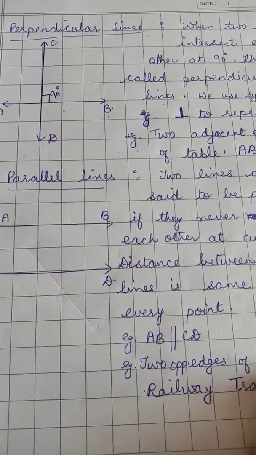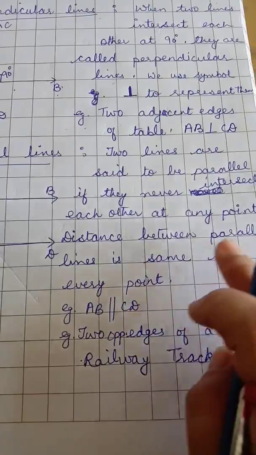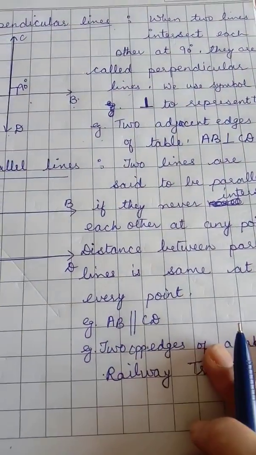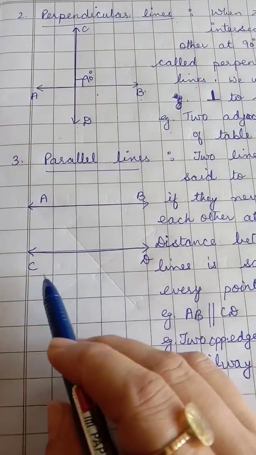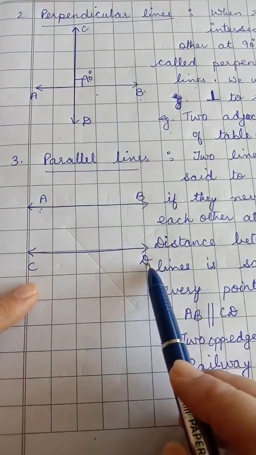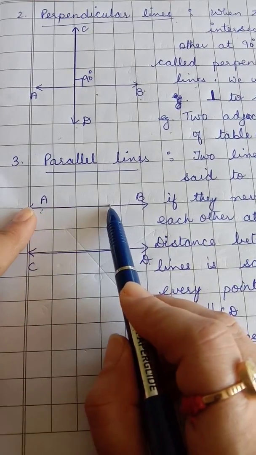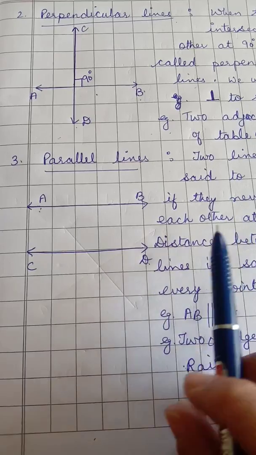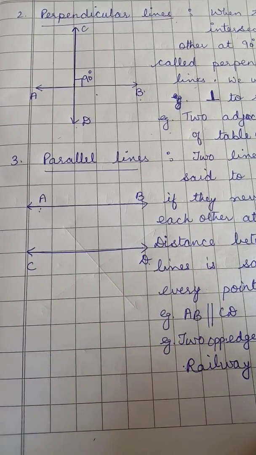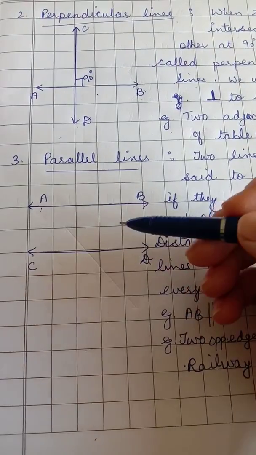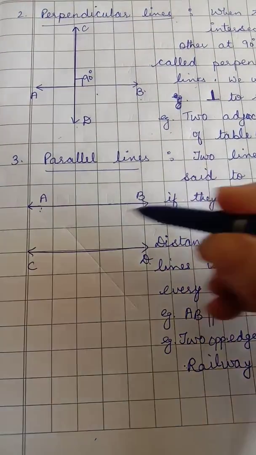Now next is parallel lines. Two lines are said to be parallel if they never intersect each other at any point, even if we extend them infinitely. Suppose these two lines are AB and CD. If I extend AB in both directions and CD in both directions, they will never intersect each other. The distance between parallel lines always remains the same at every point.